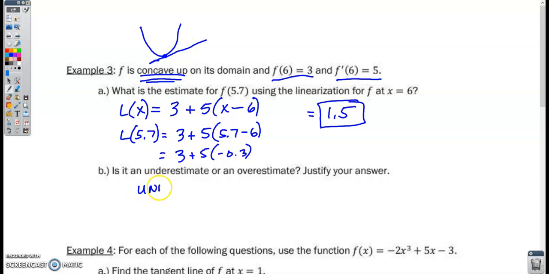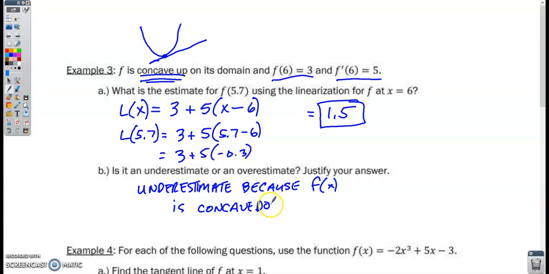It is an underestimate because f of x is concave up. I'm sorry, my brain short-circuited there for a second. Concave up.